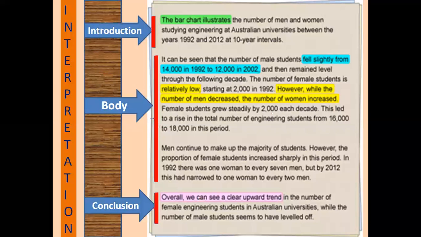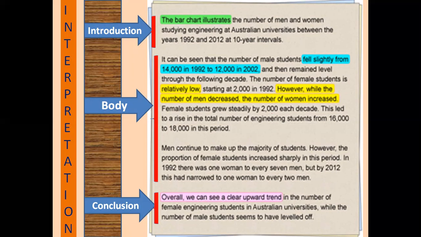And then the number of female students is relatively low, starting at 2000 in 1992. When you observe it, what you will find in 1992 is that the number of females was comparatively very low if we compare it with men. However, while the number of men decreased, the number of women increased.